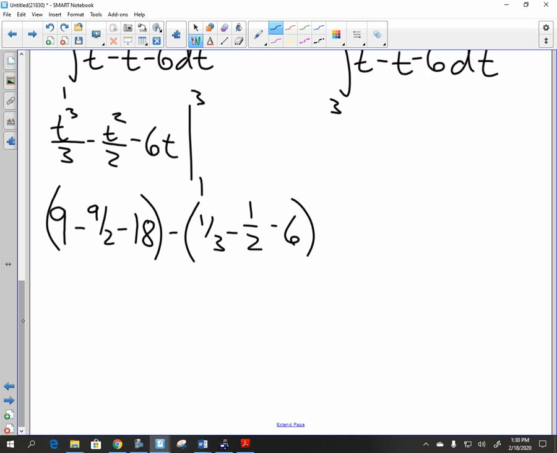So I'm going to combine some parts here. We'll do 9 minus 18 is -9, and then will it be +6 or -6? +6. So -9 plus 6 will be -3, so I got rid of that, that, and that. -9/2 minus a -1/2.